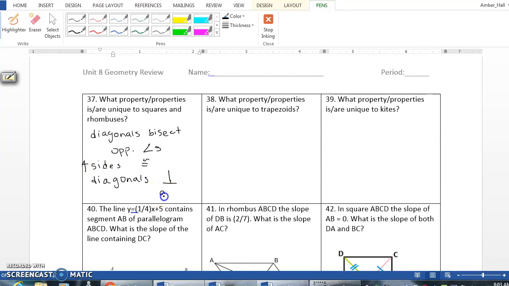They make 90-degree angles. What properties are unique to trapezoids? Trapezoids are quadrilaterals with 1 pair of parallel sides. Unique to kites. Kites have no parallel sides.